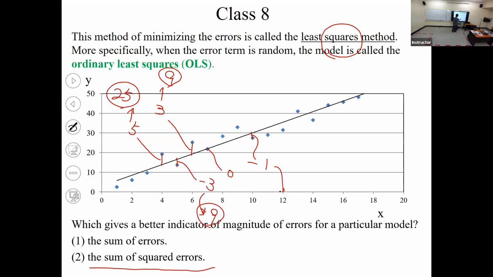After taking the square, all the numbers will be positive. Then you take the sum. You add up all these numbers, 25, 9, 9, +1, all those squared values. Then it will not approach 0, because all the values are positive. So they don't cancel out.